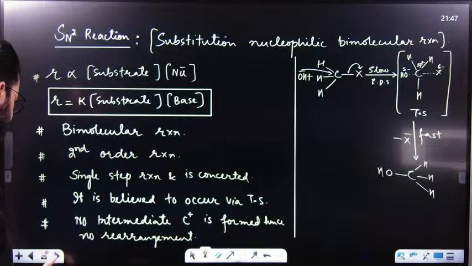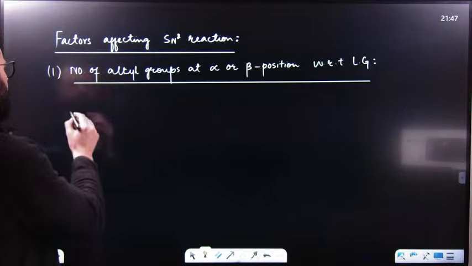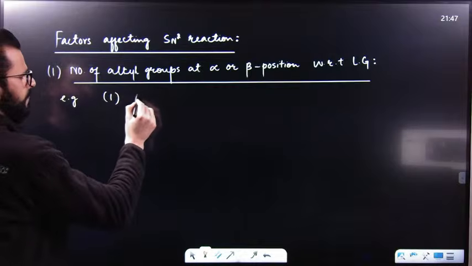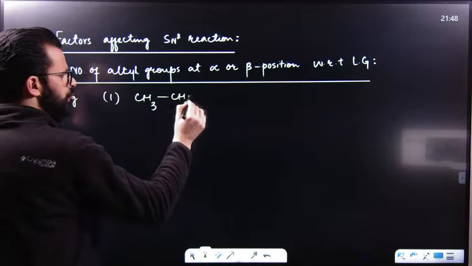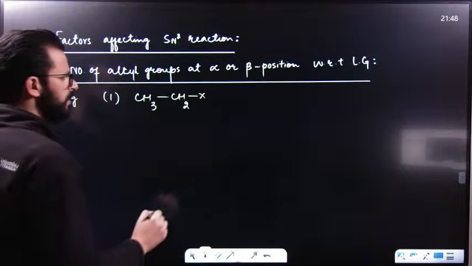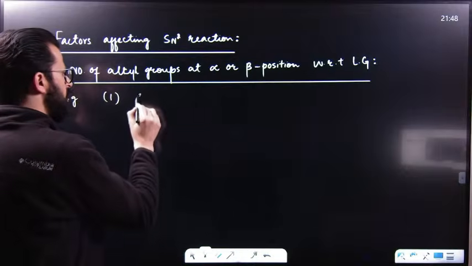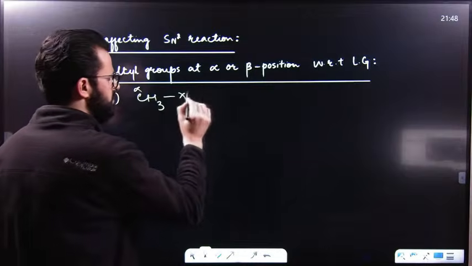After that, we have factors affecting the SN2 reaction. Now have a look. Example number 1. If you have CH3X, I will write it like this. So this is the alpha carbon with respect to the leaving group.